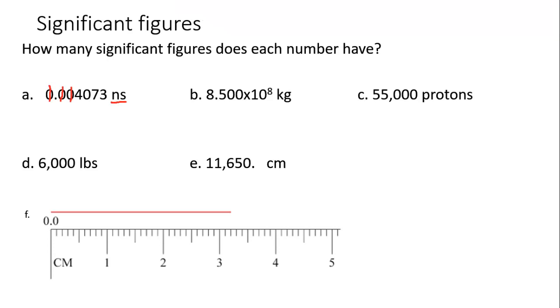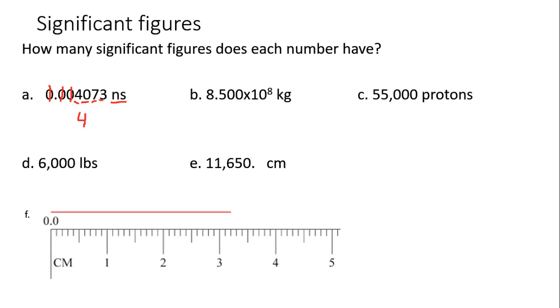All non-zero numbers are significant, so the 4, the 7, and the 3 are significant figures. Now this 0 between the 4 and the 7 is significant because it's what we call a captive 0. So this number has 4 significant figures.